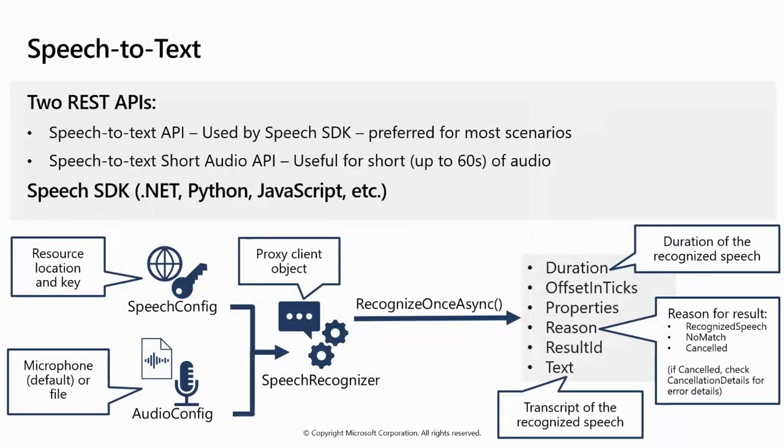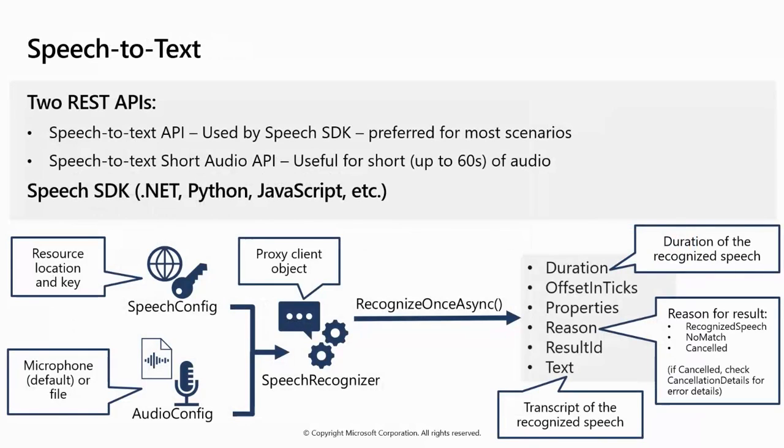In most cases, you'll likely use one of the SDKs, which offer a consistent programming pattern for working with speech. Depending on the length of the spoken input, you can use either API for interactive speech recognition, or you can also utilize the speech to text API for batch transcription, which converts many audio files to text at once.